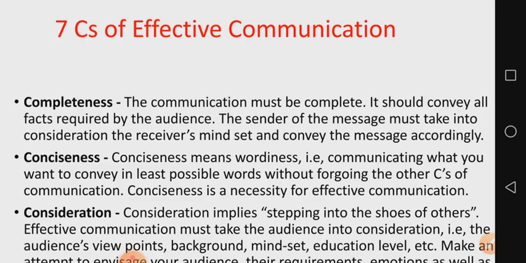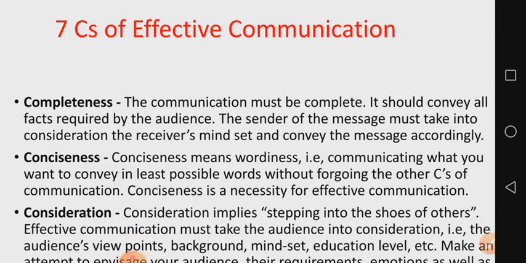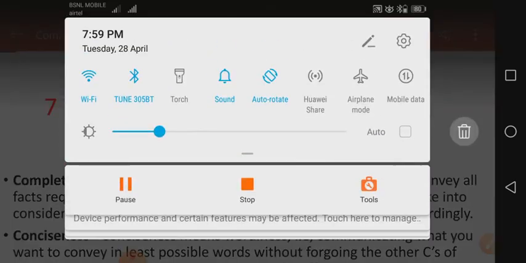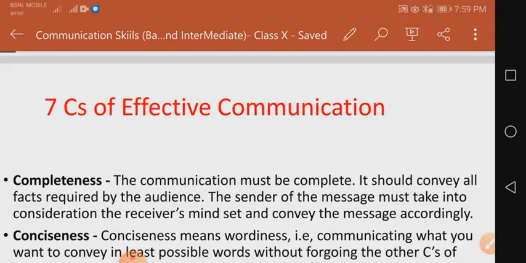So when you compose a message, you should understand that the message you send is complete, and the information is sent properly.